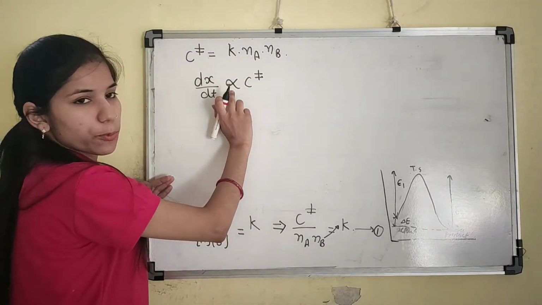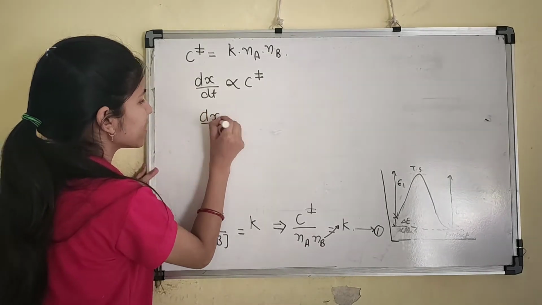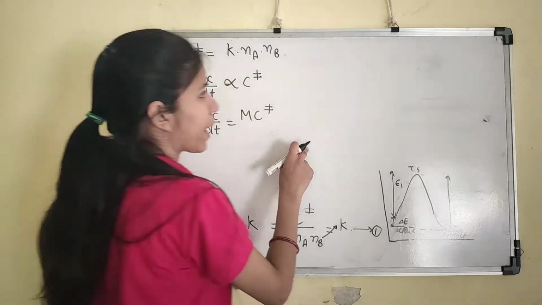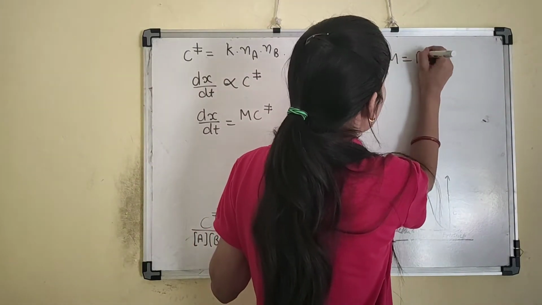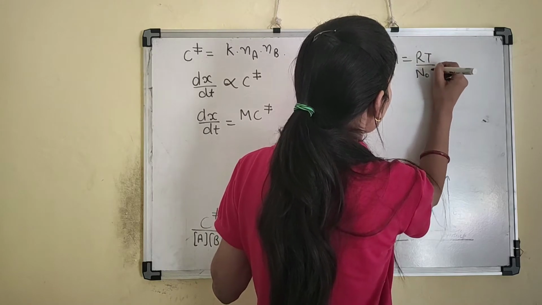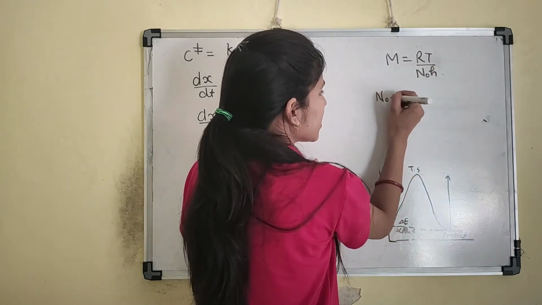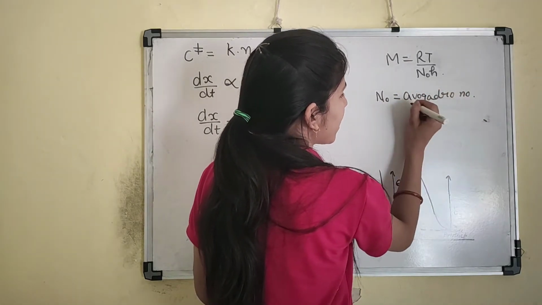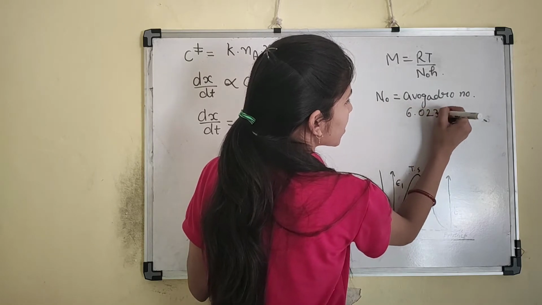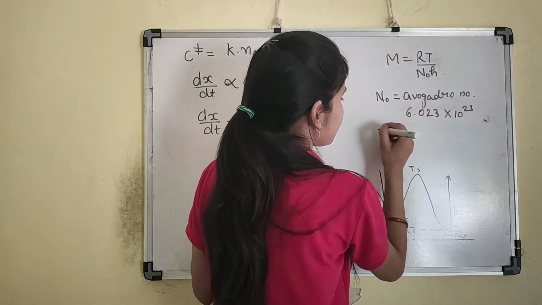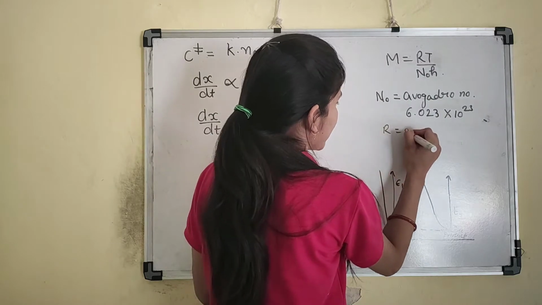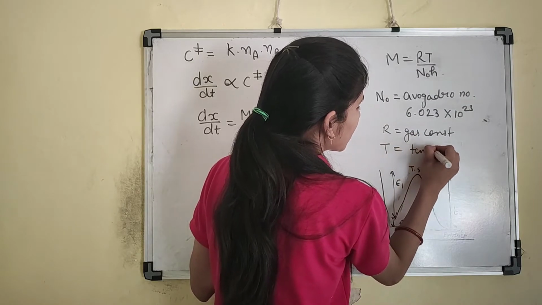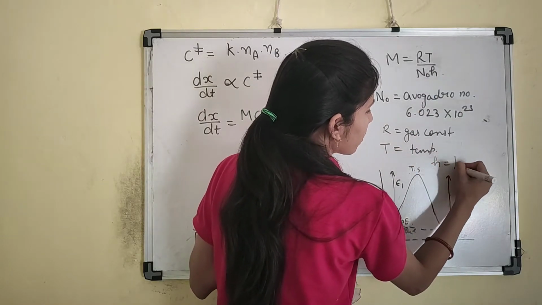When we remove the proportional sign, a constant is present, so dx by dt is equal to M C star, and the value of M is RT divided by N naught H, where N naught is the Avogadro number, 6.023 into 10 to the power 23, R is the gas constant, T is the absolute temperature, and H is the Planck constant.